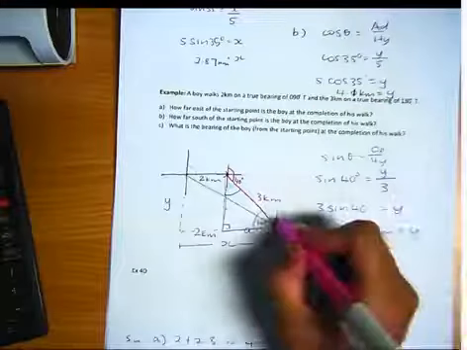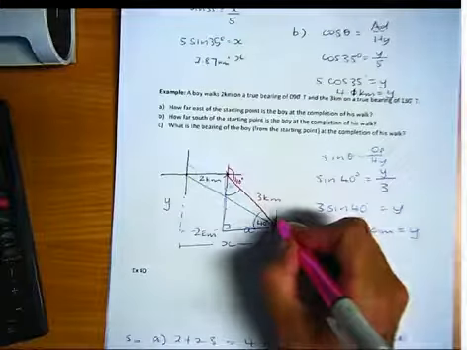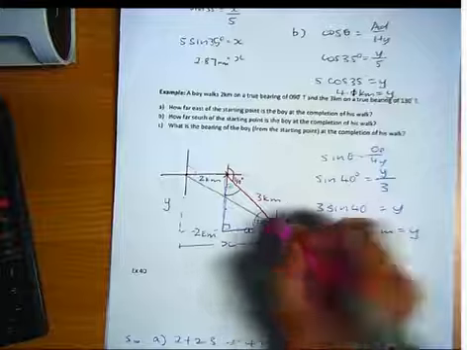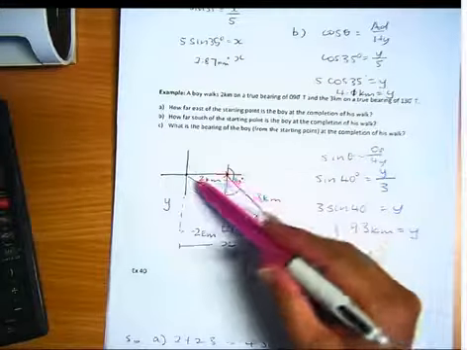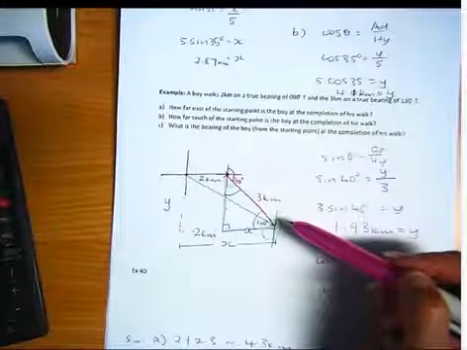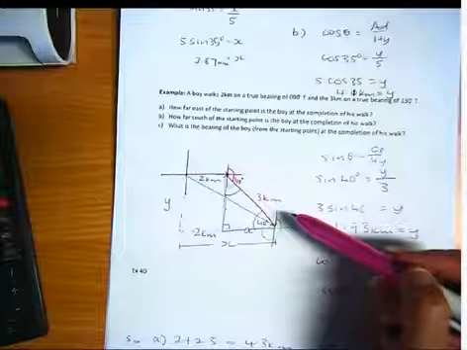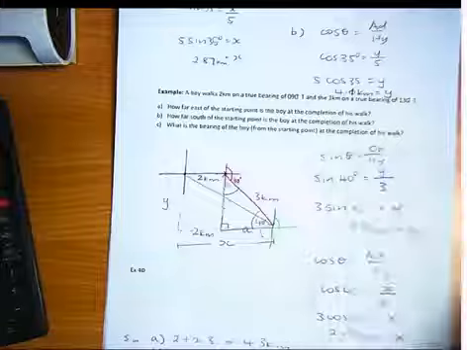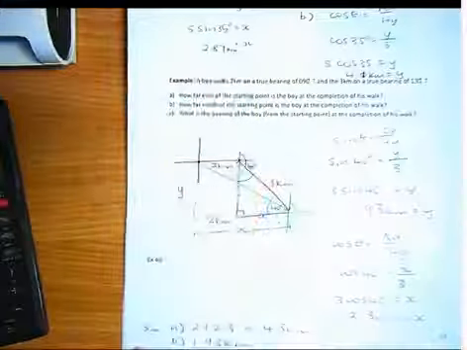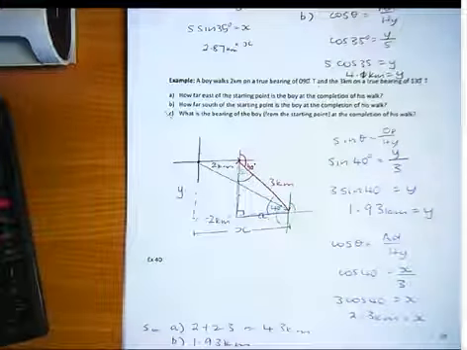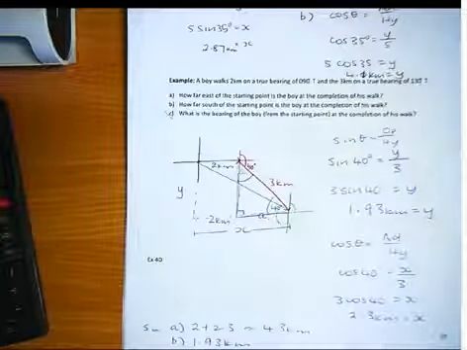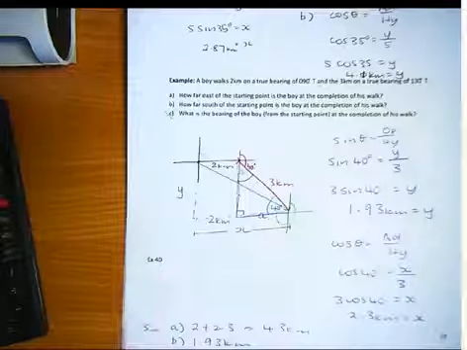Okay, so we actually want to know that angle around there. Now, because there's not a right angle triangle, it makes it a little bit tricky to actually work that one out until we do a different rule. So just leave that one out for now, okay? And we will do the sine rule soon where we can actually work that out. Right? So now you can do exercise 4D.